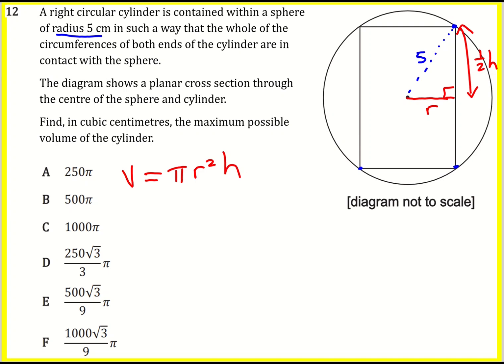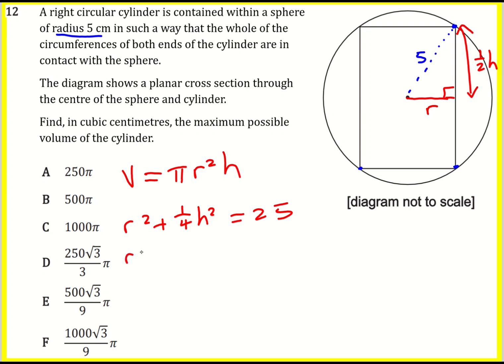And if I want to find the maximum, I want to somehow get it in terms of one unknown, and that's where the second bit comes in. We can link them all together. r squared plus a quarter h squared is going to equal 25. Now, if I make h the subject, I'm going to get some square roots.